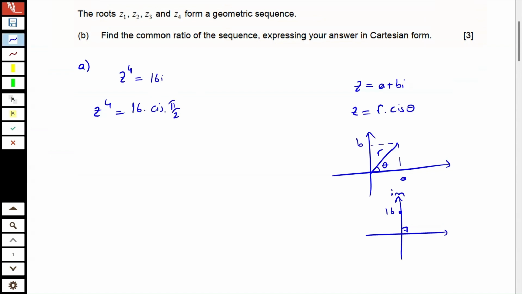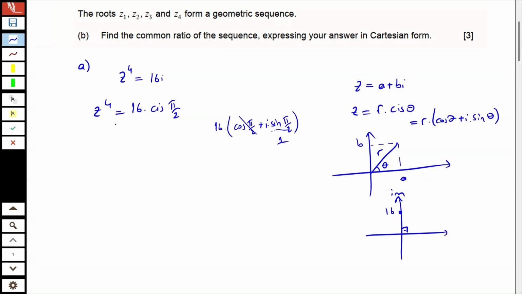You can also prove it: cis theta means r times cosine theta plus i times sine theta. In this case, you can write cosine pi over 2 plus i times sine pi over 2. Here is 0, here is 1.